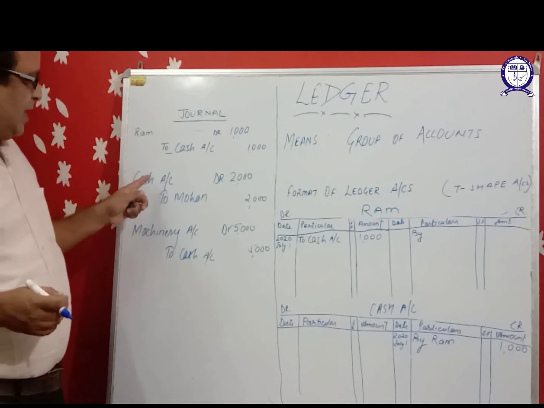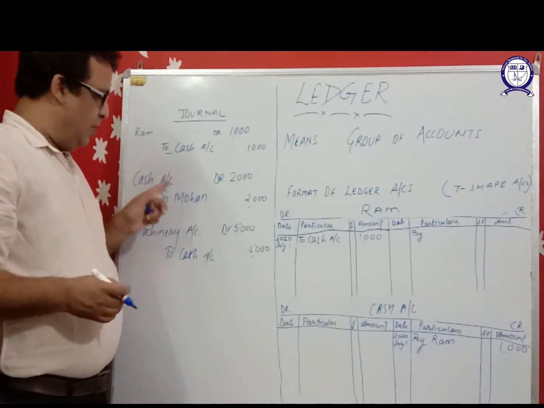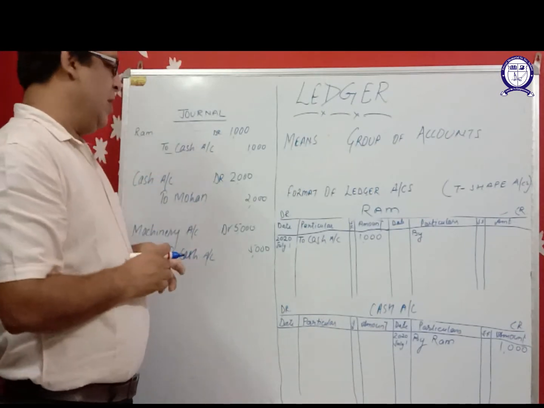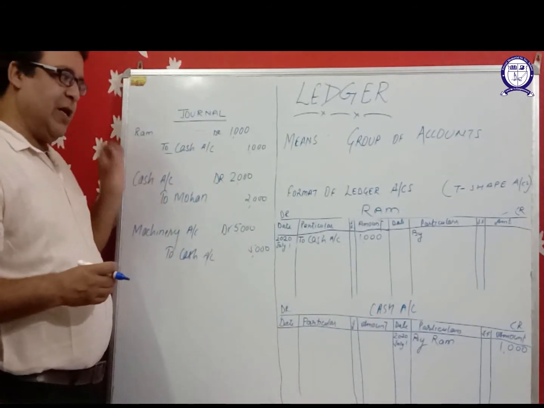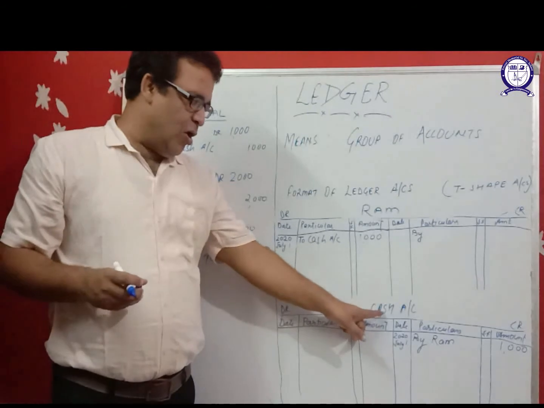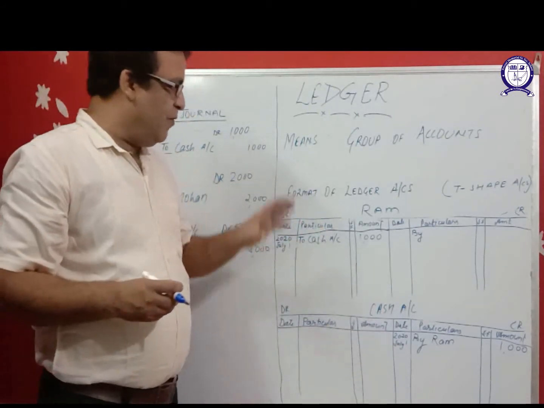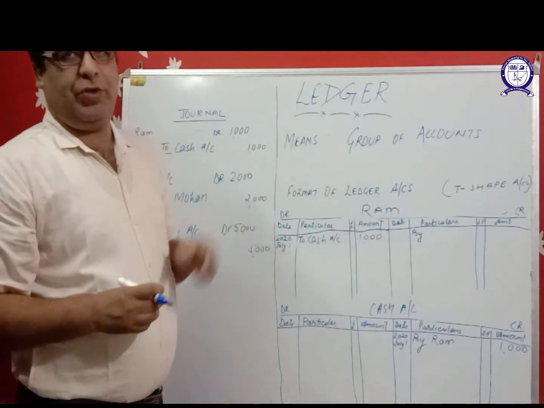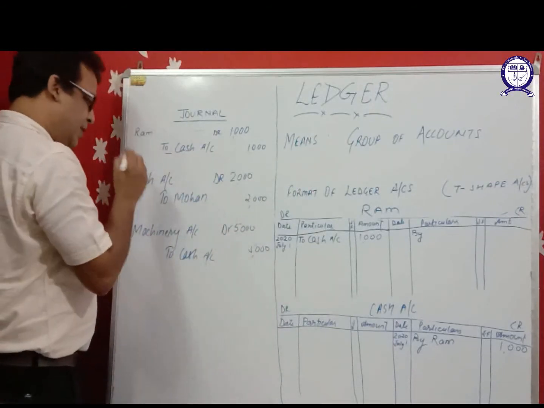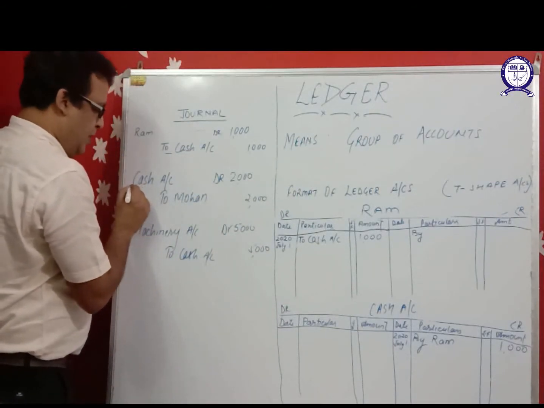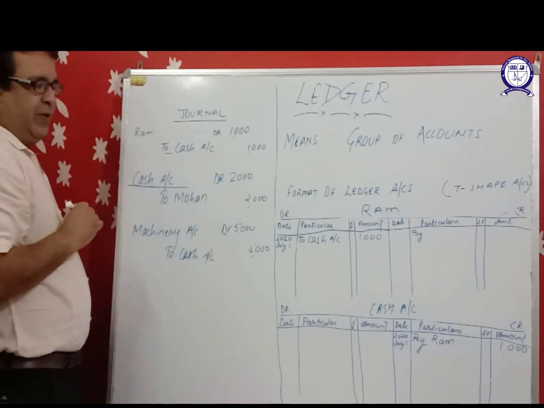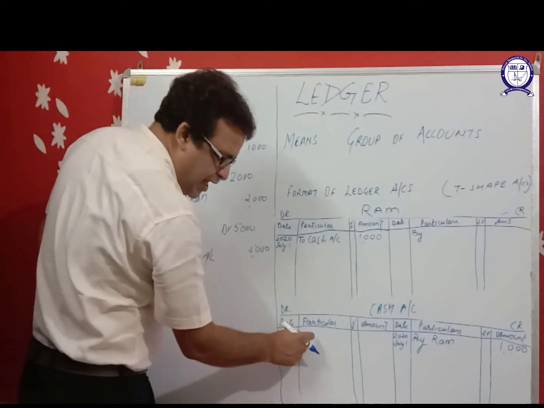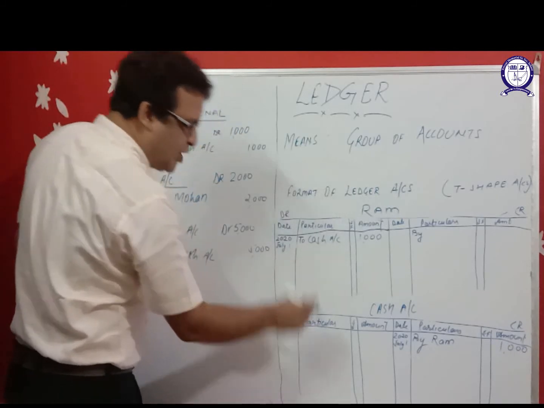The next entry is cash account debit to Mohan account. Now we will have to prepare cash and Mohan account. Cash account is already there. We have to prepare Mohan account now. Let us post them. Cash account is debited. So we will have to post here in the debit side of cash account.